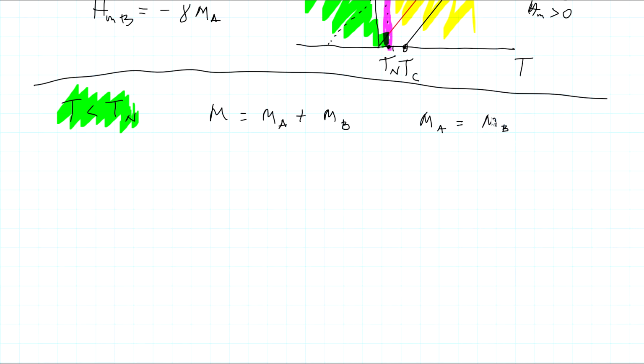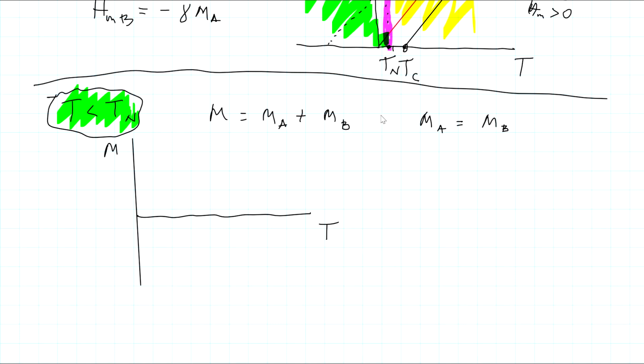At temperatures below Néel temperature, we have a spontaneous magnetization, a spontaneous antiferromagnetic ordering. Now, if we plot the magnetization as a function of temperature, what is happening?